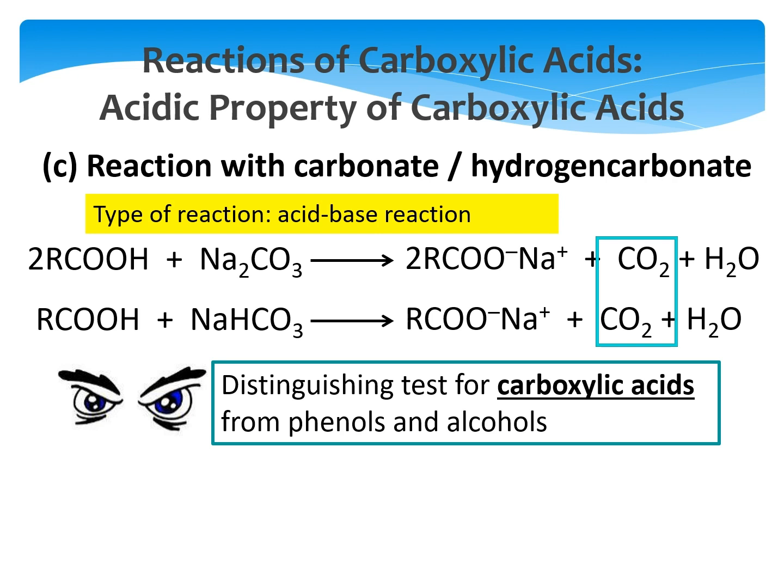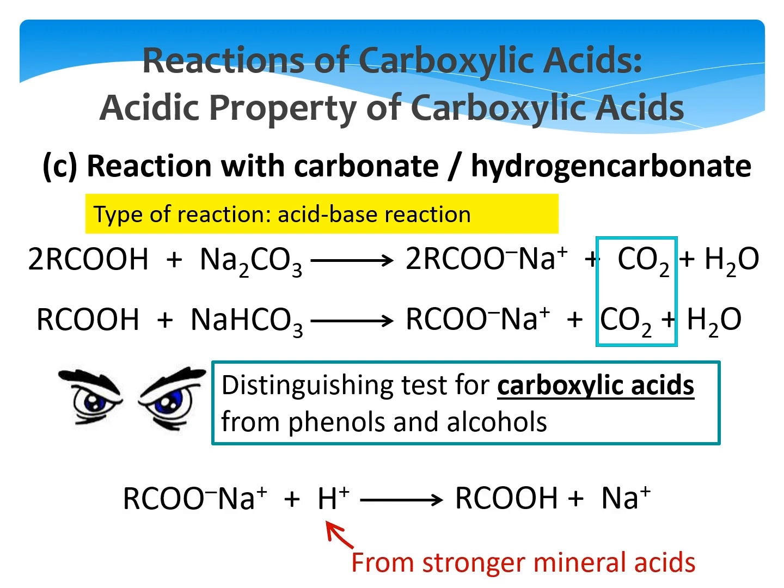Phenols and alcohols, if you recall from previous lectures, do not react with carbonate and hydrogen carbonate. So for those reactions, there will not be any CO2 evolved, whereas for carboxylic acid reacting with carbonate or hydrogen carbonate, CO2 gas will be evolved and we can test for it.